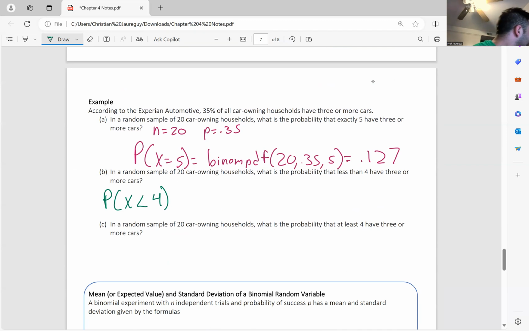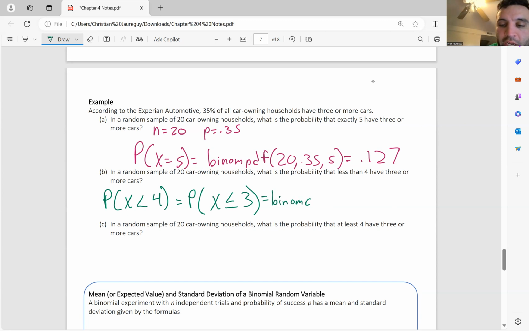It turns out it is probability X is less than or equal to 3. Because if you were to count it out, less than 4: 0, 1, 2, 3. Less than or equal to 3, again, 0, 1, 2, 3. It's the same thing. But now, thinking about it this way, my calculator can help me.